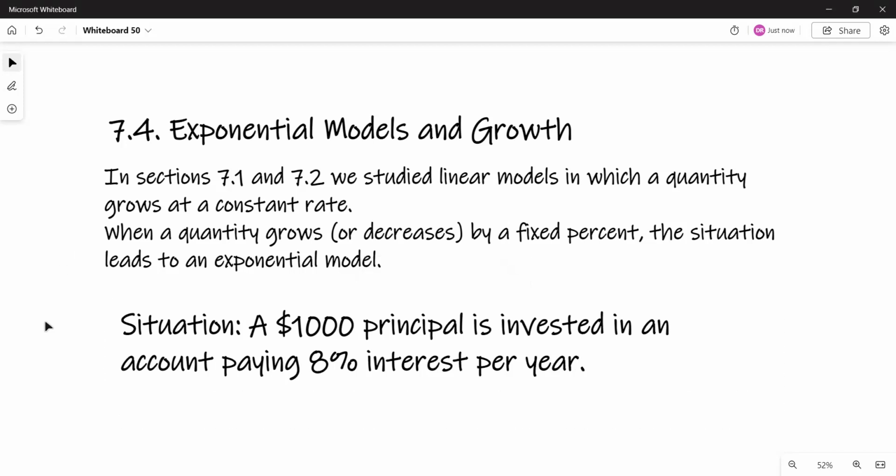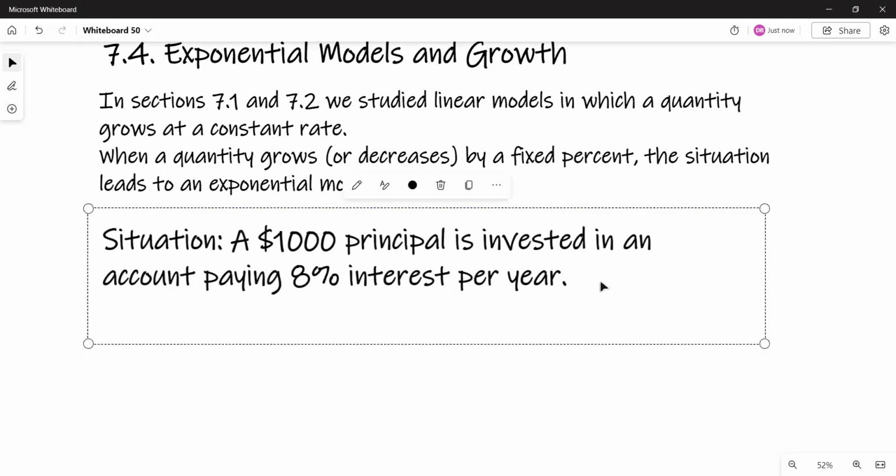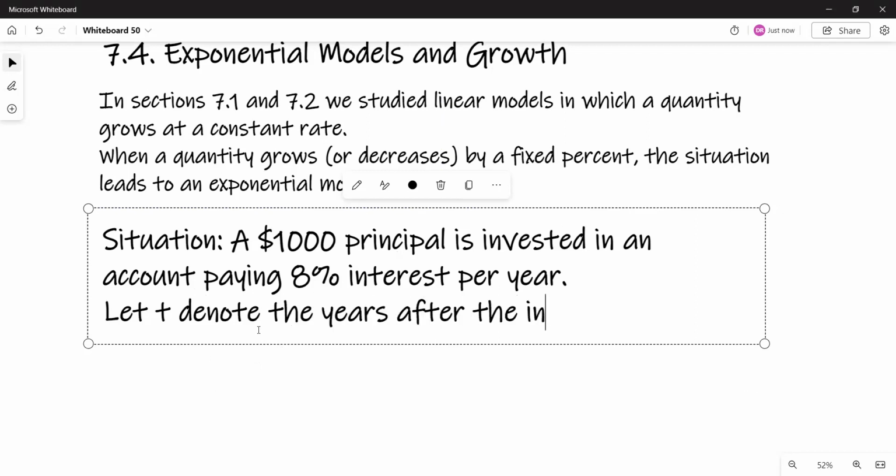Okay, so we are going to let T denote the years after the initial investment, and A be the amount in the account.